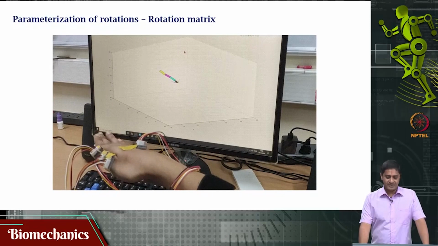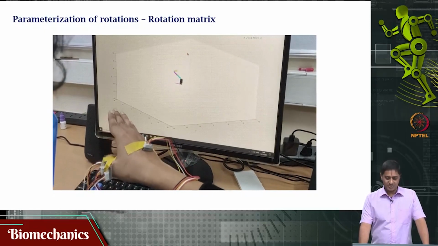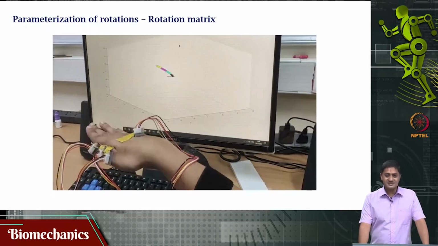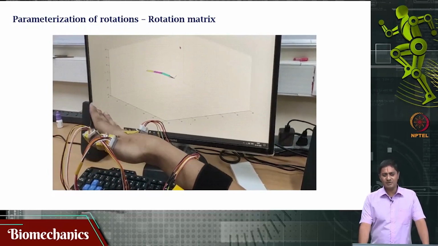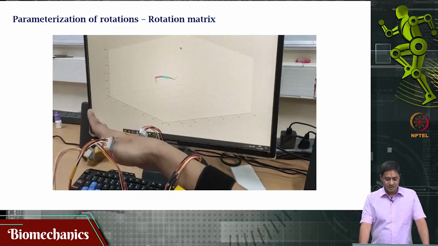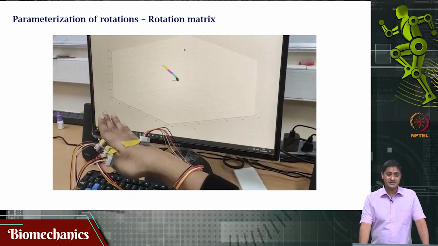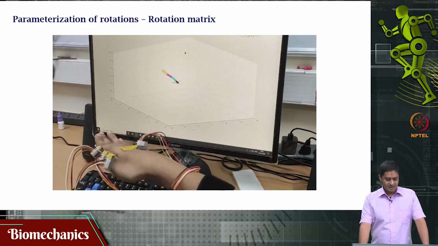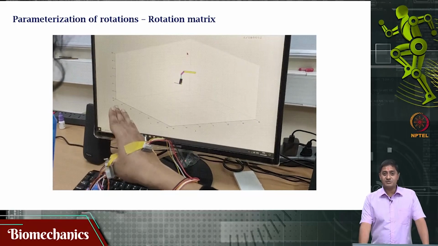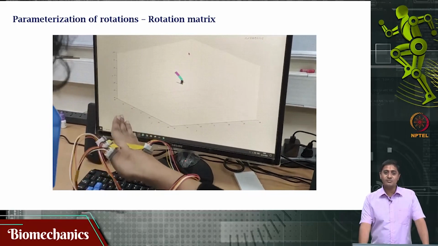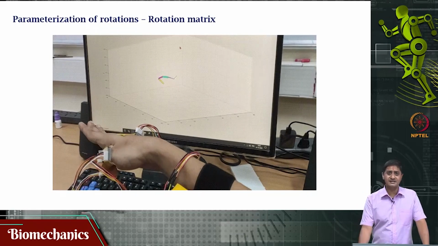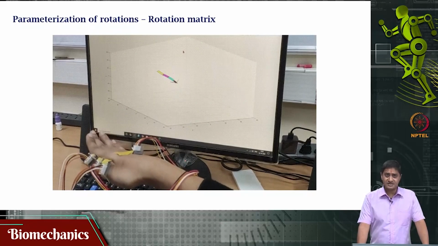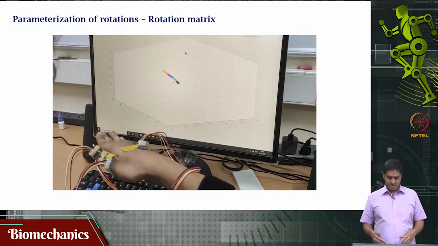Remember, measurement of the kinematics of the thumb is a relatively complicated problem, and we were able to achieve a reasonable amount of success with this, as you can see in this video, purely using rotation matrices. We developed on this further, and of course our system became smaller, and our method of measurement and display also improved substantially, as you will see in future videos, and you can also refer to our recent papers on this topic for more information.